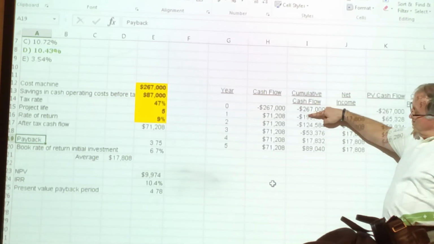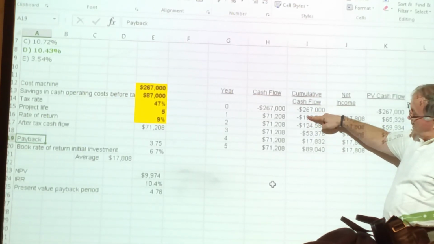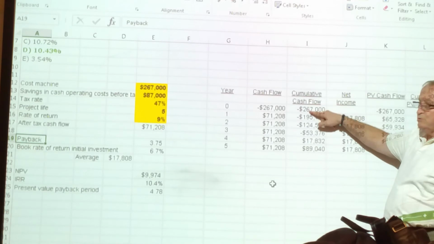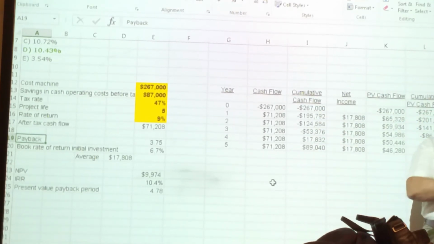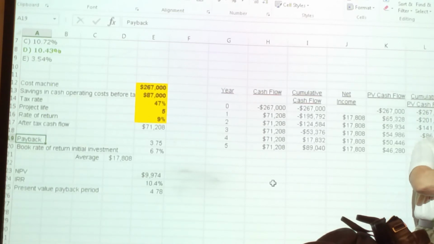So I will determine the number of negative values in this column. Is there a function in Excel that will give us the number of negative values? Anyone want to take a guess at it? It'll count the number of negatives. COUNTIF.